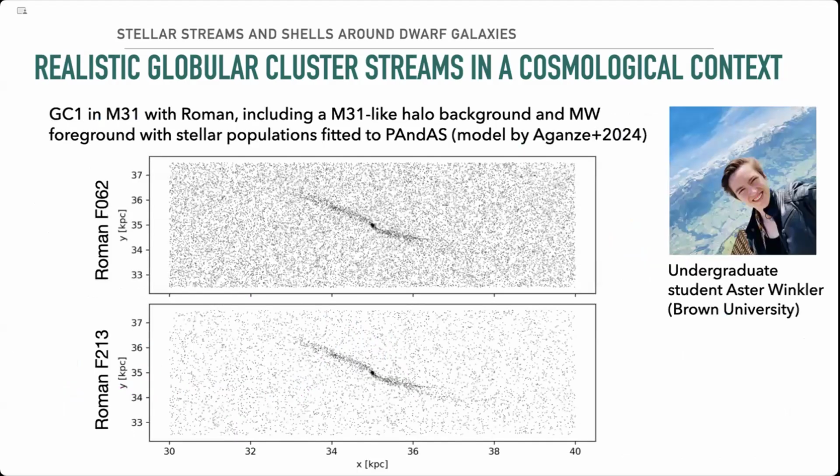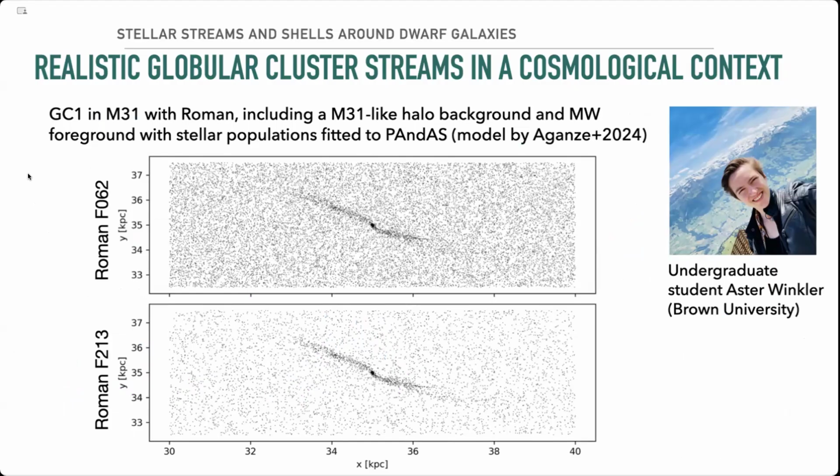And I also wanted to highlight a work by an undergrad student who this summer has taken these star-by-star stellar streams and moved them to an M31 distance with an M31-like stellar halo, as well as a Milky Way foreground, to see what these would look like, in this case, for Roman observations.